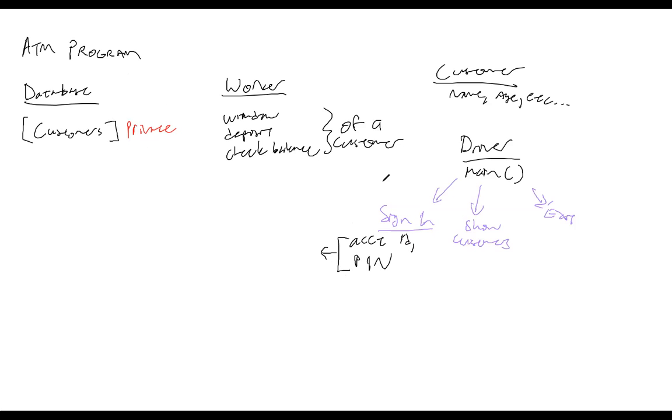Furthermore, I need to look for something in the array that has these two parameters. So if we think about what's in this customers list, there's multiple entries of customer objects, and each customer object has a bunch of data fields in it, including their account ID and their PIN. There's other data fields in there as well.